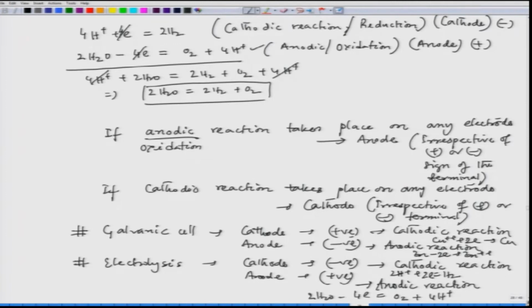So, this should be the basic fundamental behind considering which one should be cathode and which one should be anode. Now, remember, corrosion does happen in the form of galvanic fashion.